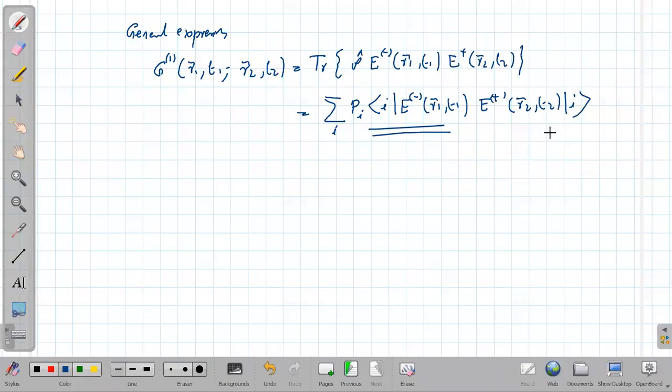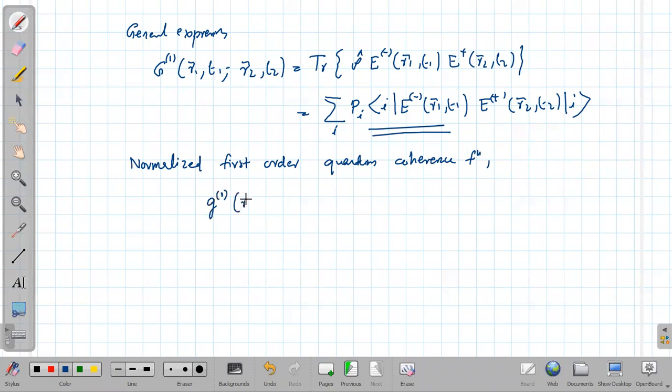So now we can define the normalized first order quantum coherence function, denoted by the symbol g1 (r1,t1; r2,t2).